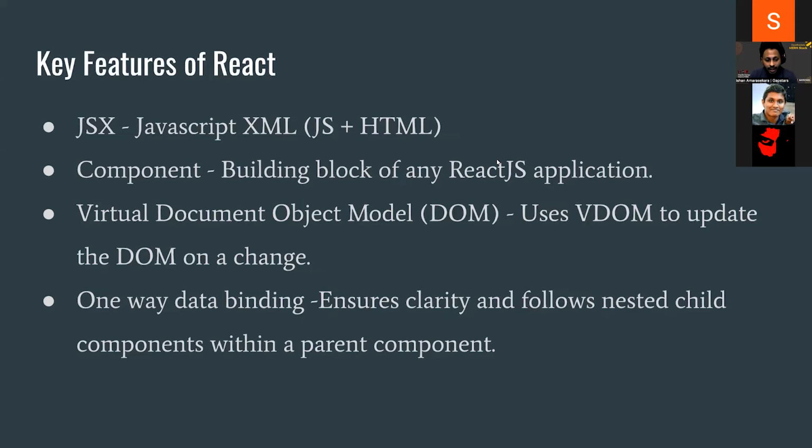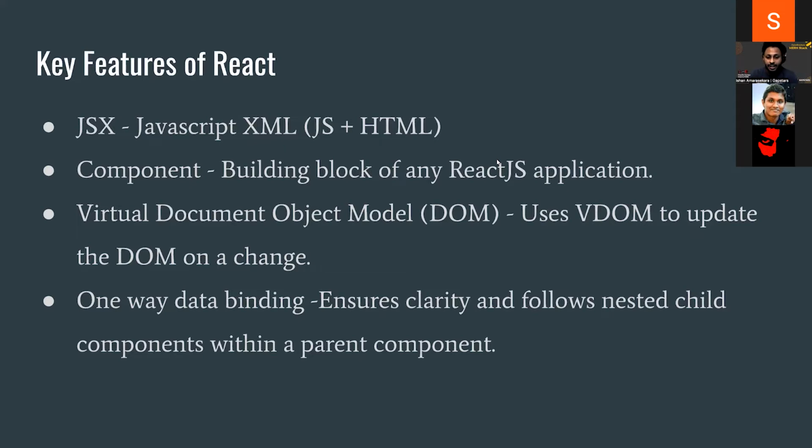And in React, we are following the virtual document object model, the DOM, VDOM. What it does is it keeps a copy of the original DOM as a virtual DOM, and when we do any sort of change, like you enter a value and press enter, then you want to see it in a table.